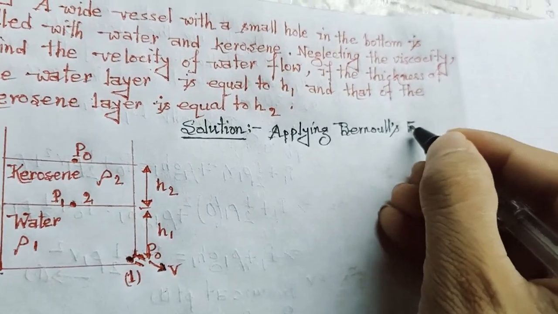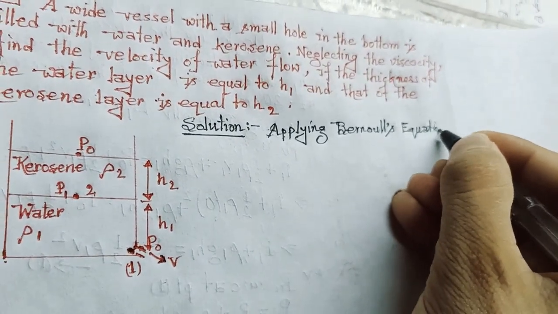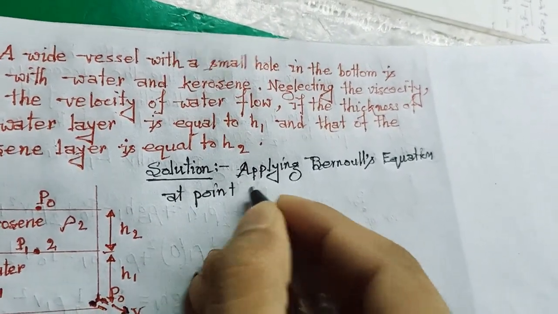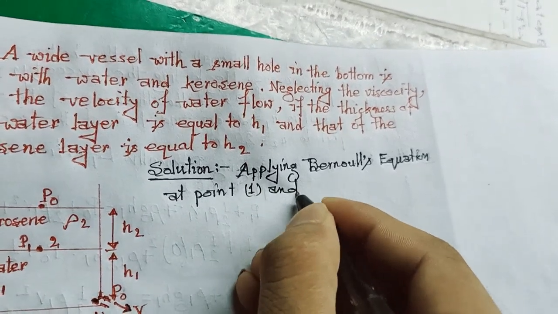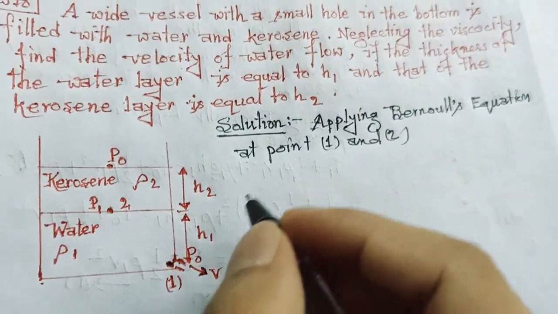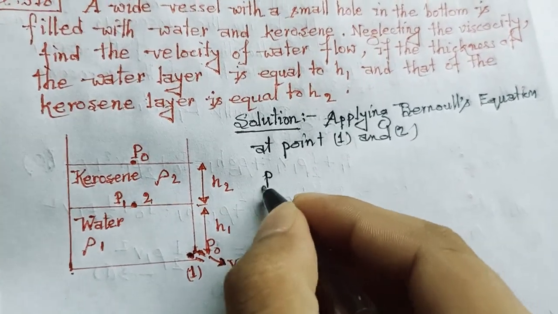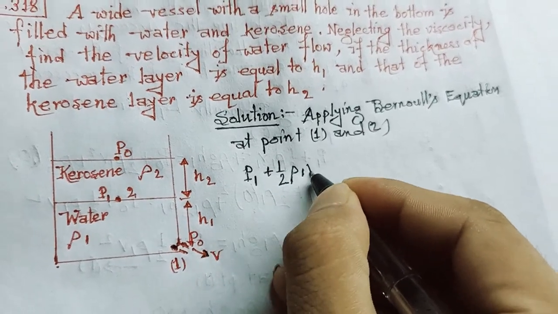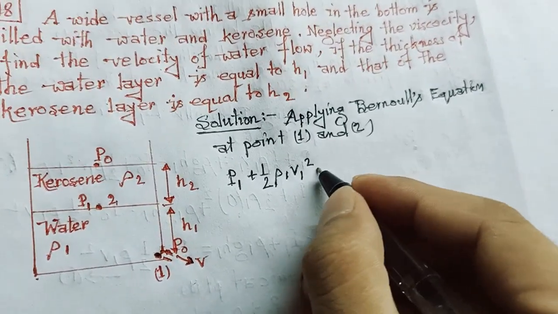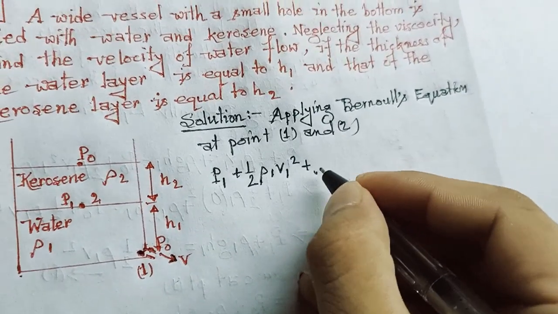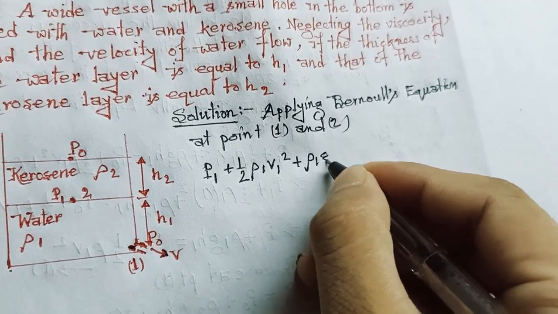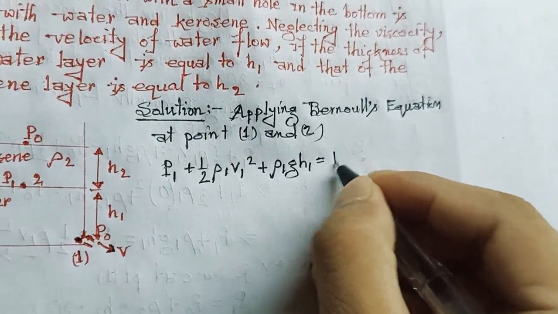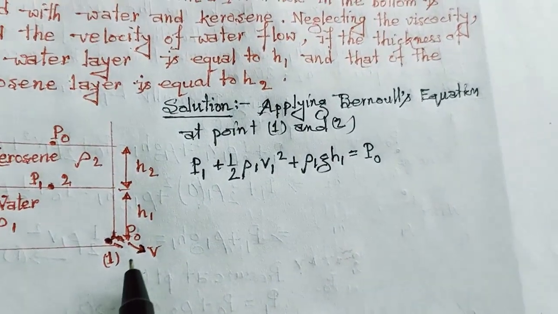P1 is the pressure at point 1, so we get P1 plus half rho 1 V1 square plus rho 1 g h1 will be equal to P naught.